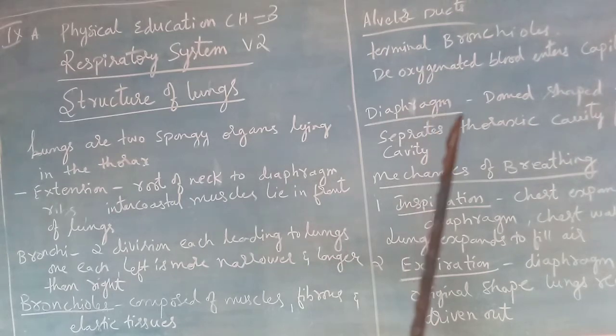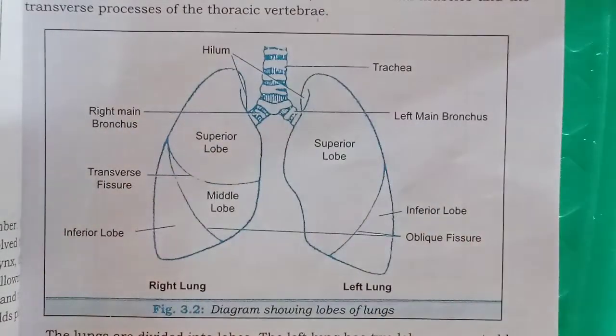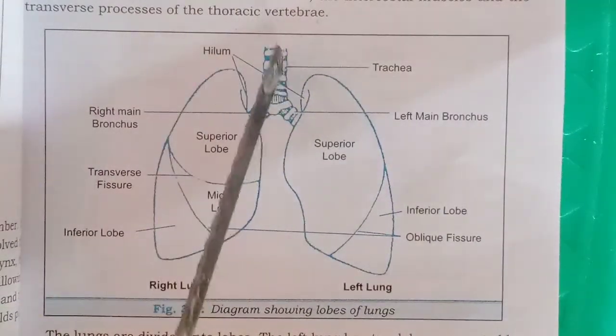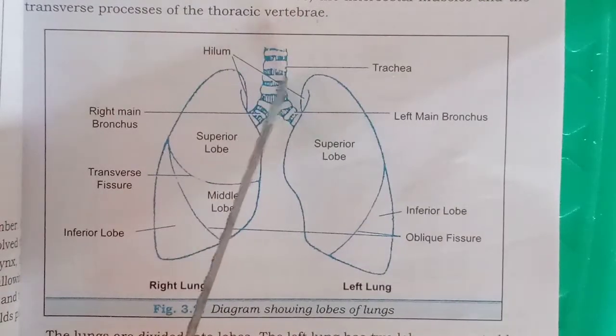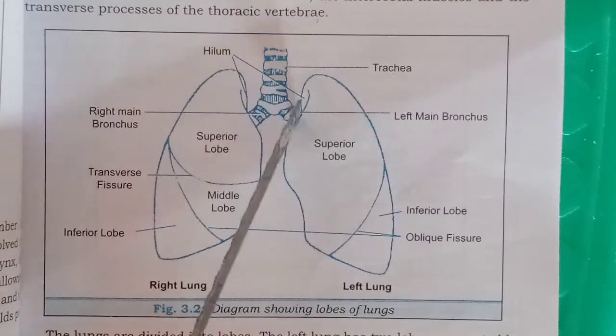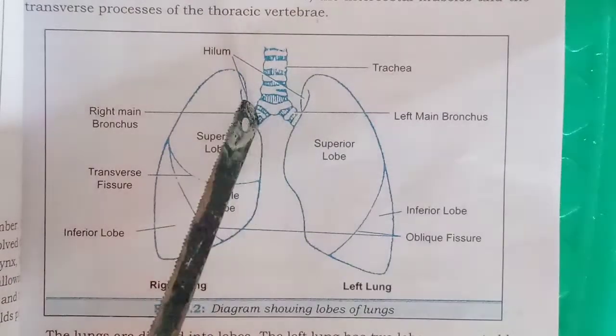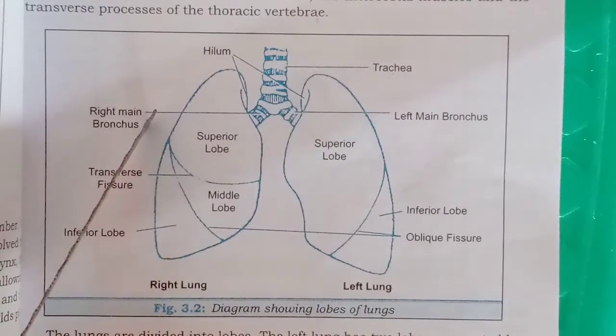Then the diaphragm, which is dome shaped. Okay, I'll explain that with a diagram so you can understand. See here, you can easily understand the structure of the lung. When the air enters from the neck, this is the trachea. The trachea is divided into two, that is, the left main bronchus and the right main bronchus, right?